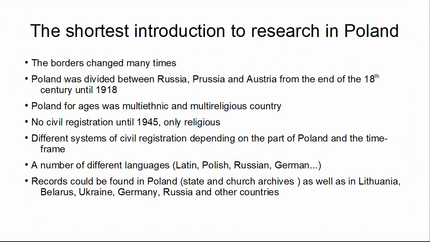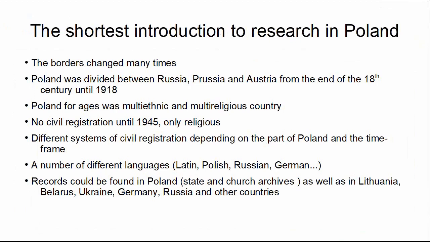Here are a few interesting facts making the research in Poland more fun. There was almost no civil registration before 1945, except for a short period at the beginning of the 19th century in part of the Russian partition and German partition from 1874, which means that there was mostly only religious registration.